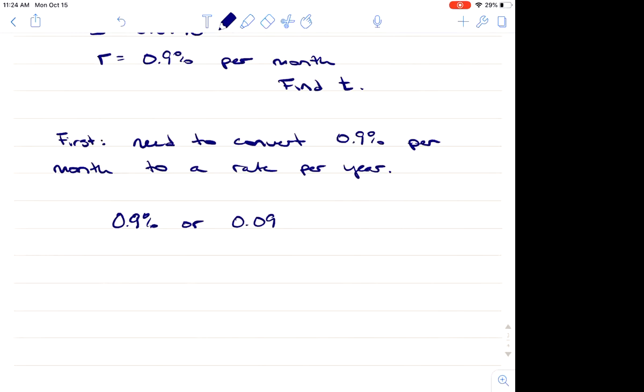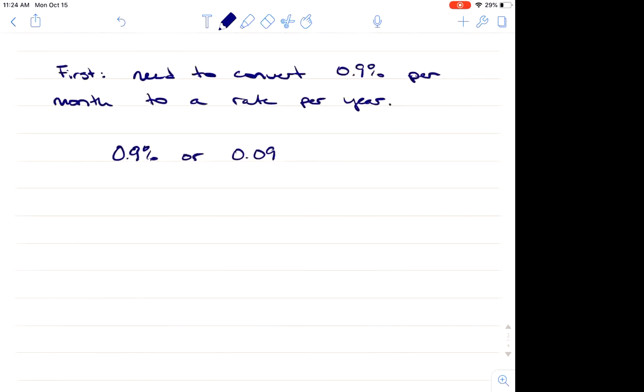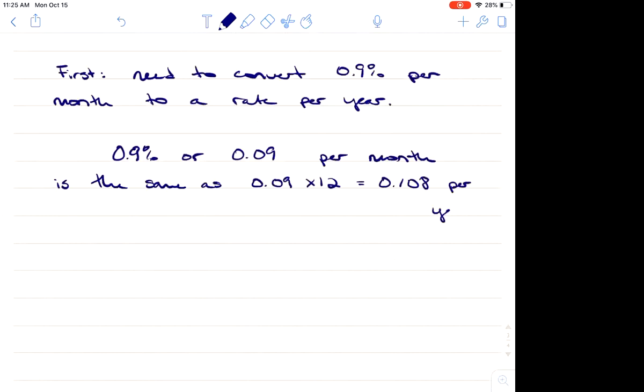There's 12 months in a year. Per month is the same as 0.09 times 12, which is a rate of 0.108 per year. Right. So 0.09 times 12.